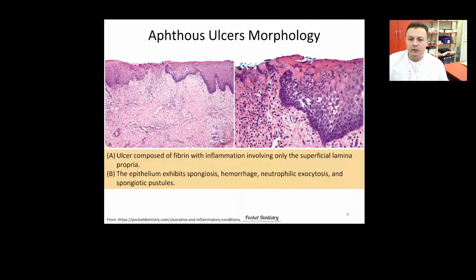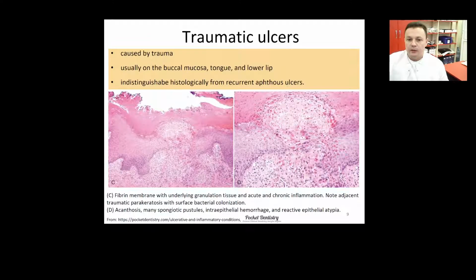The underlying inflammatory infiltrate is at first largely mononuclear, but secondary bacterial infection may result in a neutrophilic infiltrate. Traumatic ulcers are caused by trauma, usually on the buccal mucosa, tongue, and lower lip, and are indistinguishable histologically from recurrent aphthous ulcers.